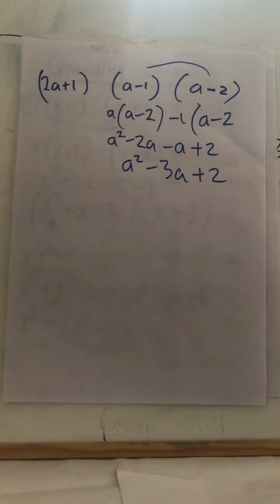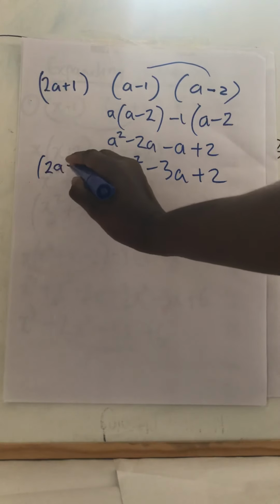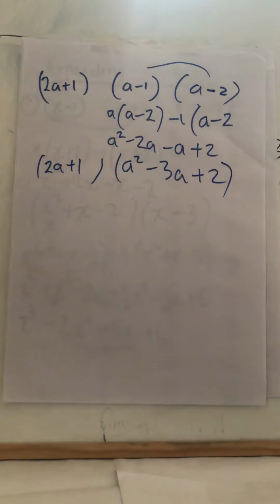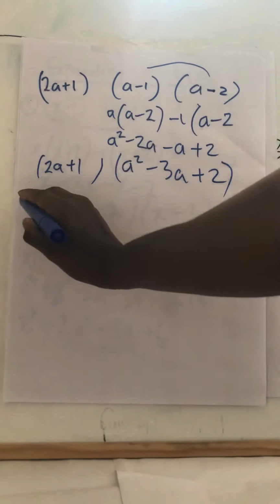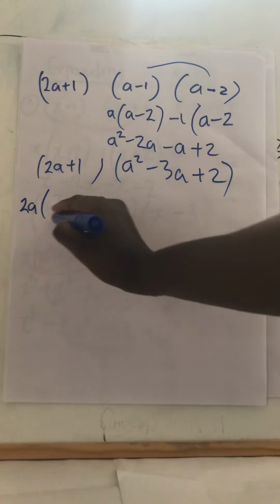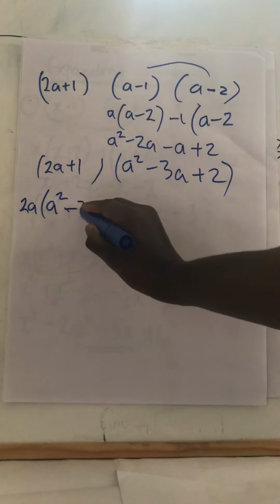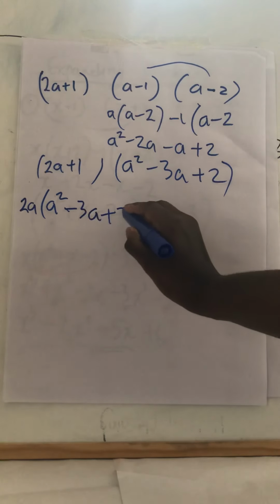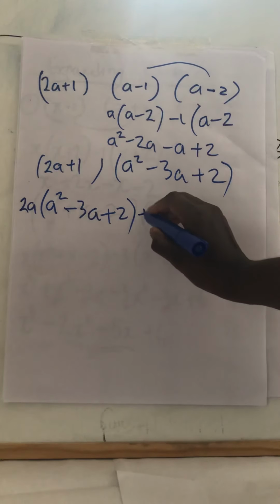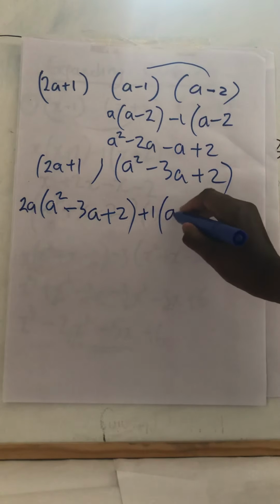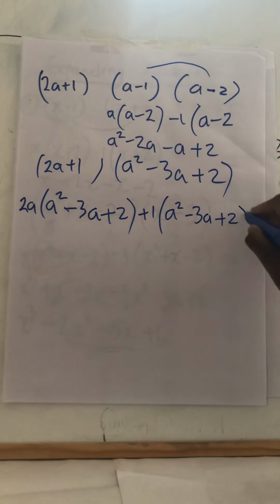Remember, I have this bracket to do. So I'm going to multiply 2a by all of this, a squared minus 3a plus 2. Then I'm going to multiply plus 1 by a squared minus 3a plus 2.